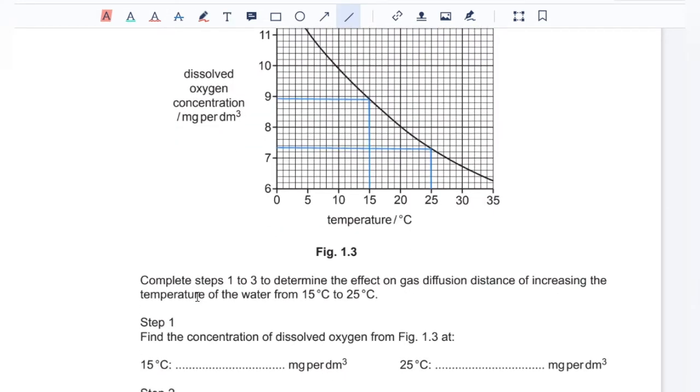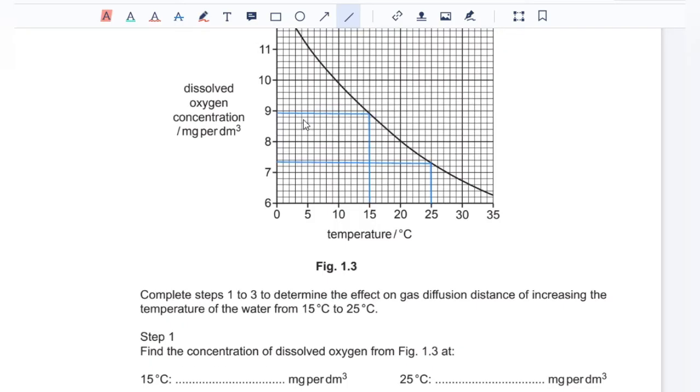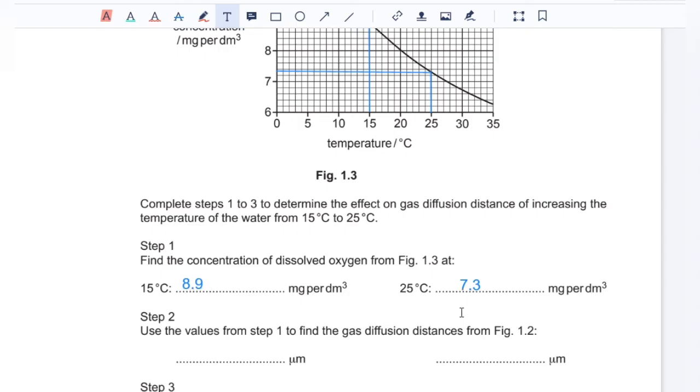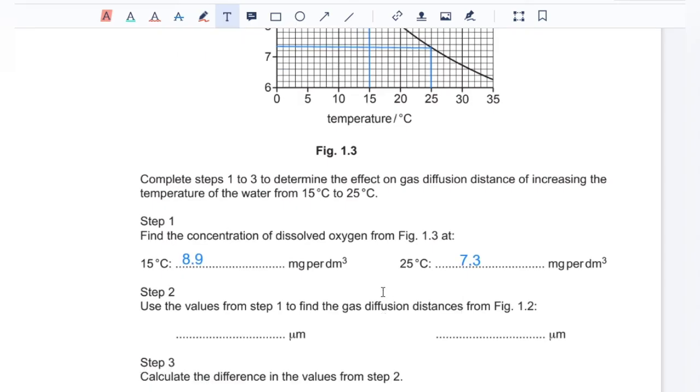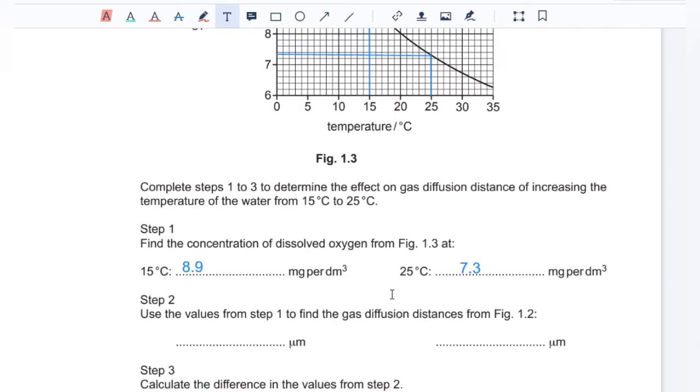In step 1, you're supposed to find the concentration of dissolved oxygen from the figure at 15 degrees Celsius and 25 degrees Celsius. So as you can see, the concentration at 15 degrees Celsius is 8.9 and the concentration at 25 degrees Celsius is 7.3. Step 2, use the values from step 1 to find the gas diffusion distances from figure 1.2.